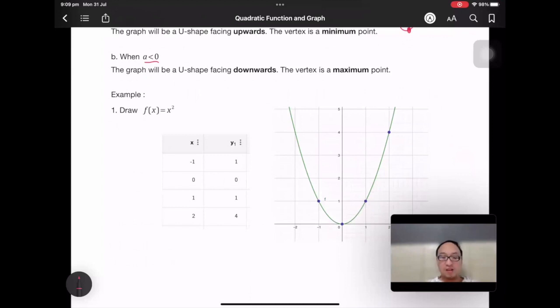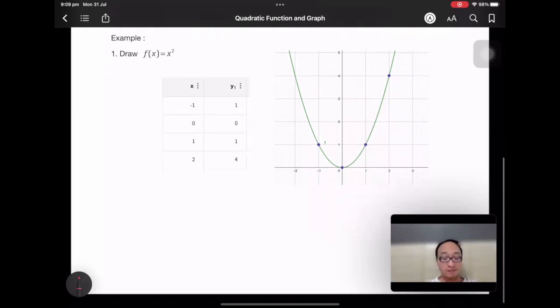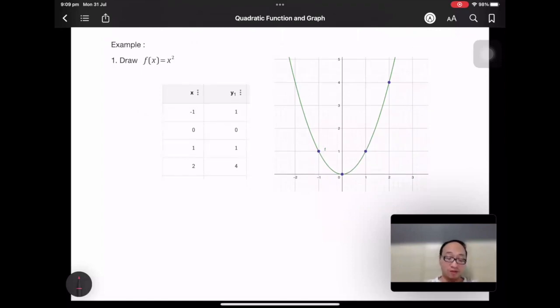about the quadratic graph. Example number 1, draw f(x) equals x squared. If we put some numbers into the equation, we will have the values as shown in the table. If we put -1, it will be 1.